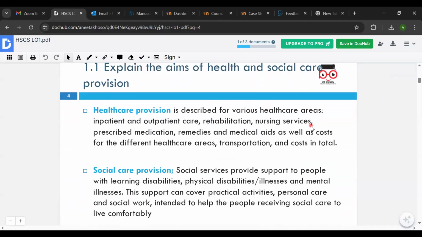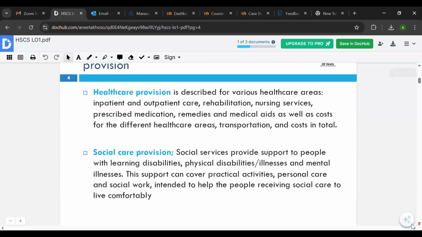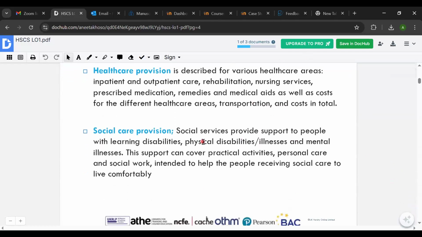Healthcare provision itself is described for various healthcare areas: inpatient and outpatient care, rehabilitation, nursing services, prescribed medication, remedies, medical aids, and there are costs for different healthcare areas, transportation, and costs in total. Most healthcare provision is free, but at times you have to pay for some of the things mentioned here.